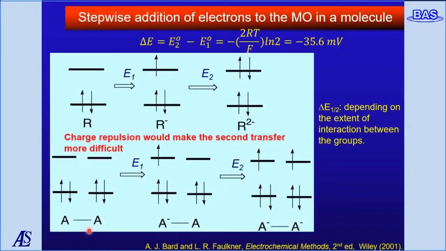However, in the electron transfer event on two different A moieties, the first electron is added into one of the A groups, and the second electron requires more energy, which depends on the extent of the interaction between the two A groups. Even in the case of no interaction between the two groups, the statistical factor makes the second electron transfer slightly more difficult, and delta E shows small negative values, as shown in these equations.